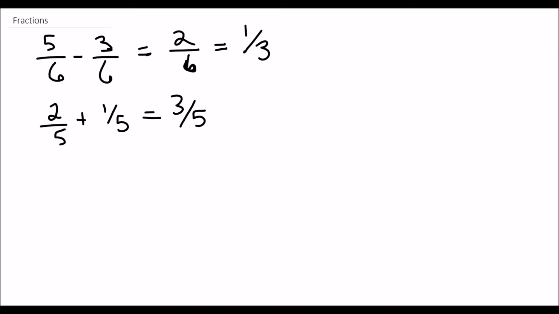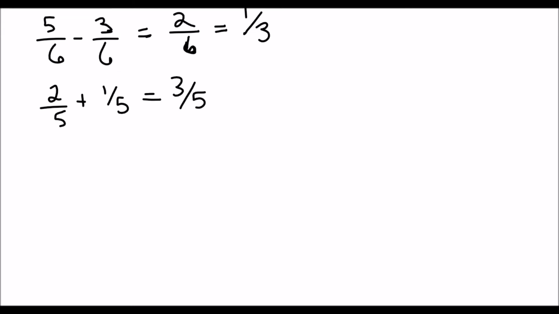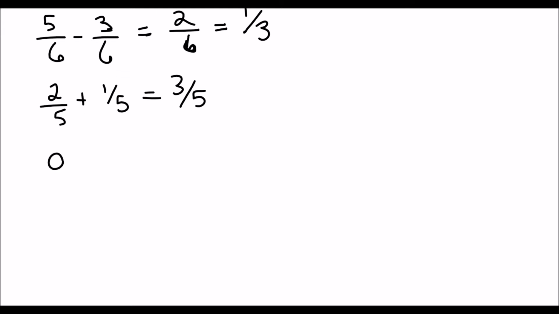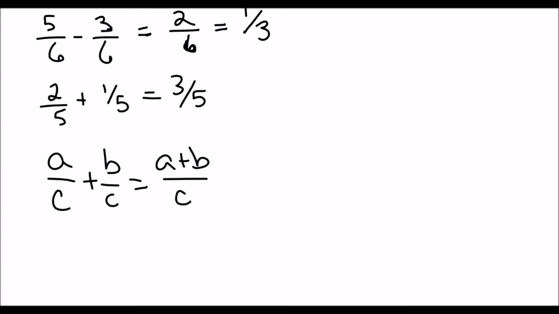And then if we were to put this in terms of just variables, we could literally say that a over c plus b over c equals a plus b over c, and for subtraction, a over c minus b over c equals a minus b all over c. So that's kind of our rules of thumb.